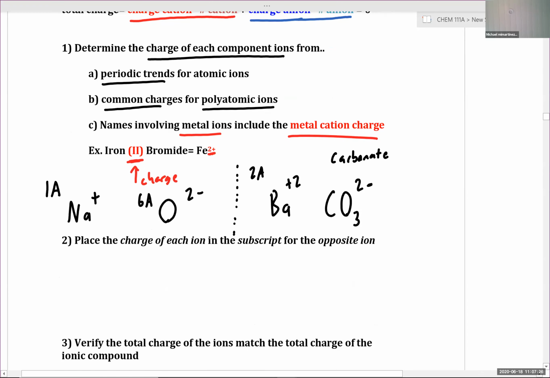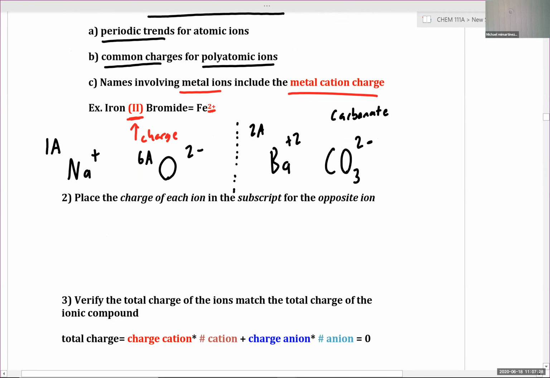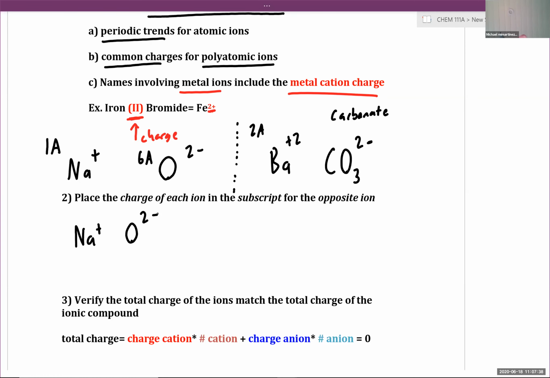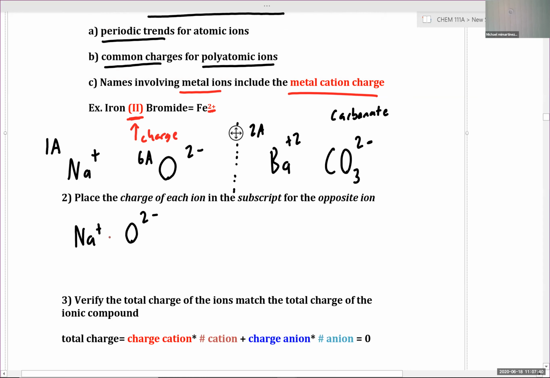Next, the rule of thumb is if the ionic compound is neutral, you can place the charge of your ion into the subscript of your opposite ion. We call this idea crossing charges.